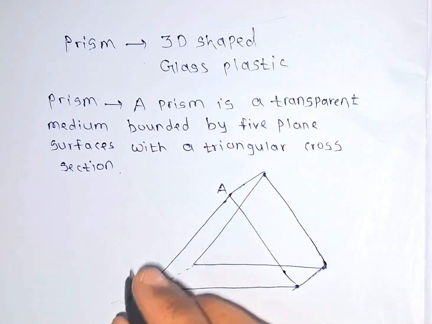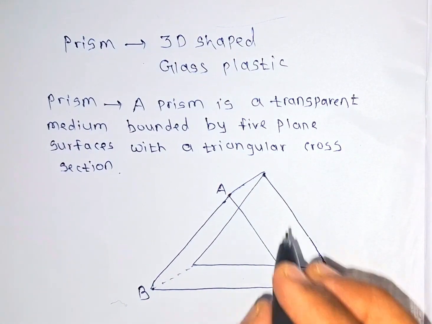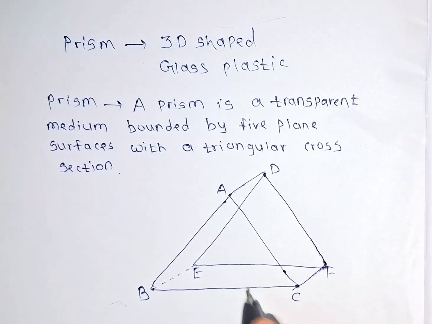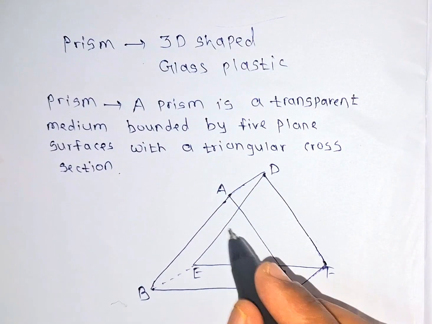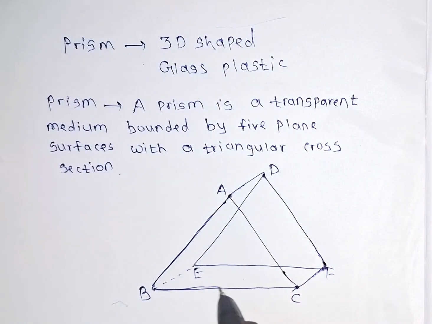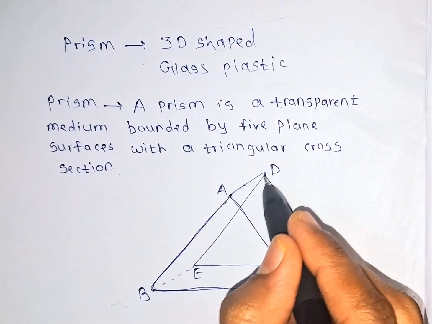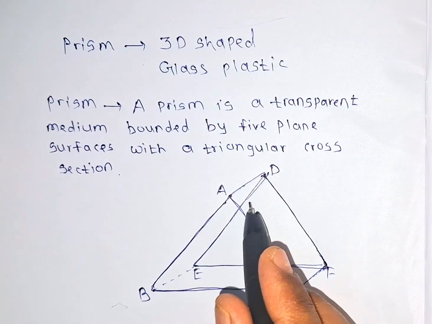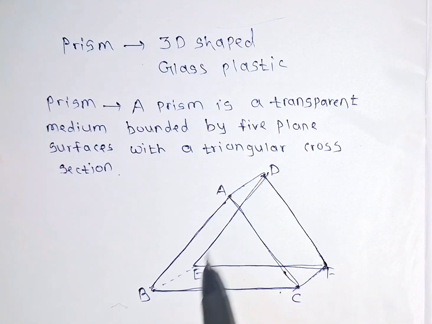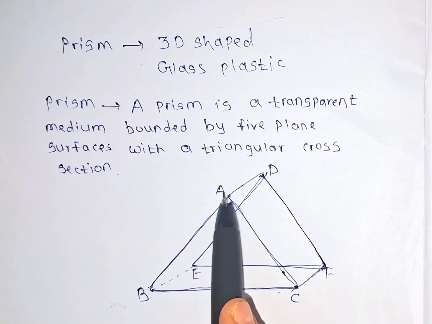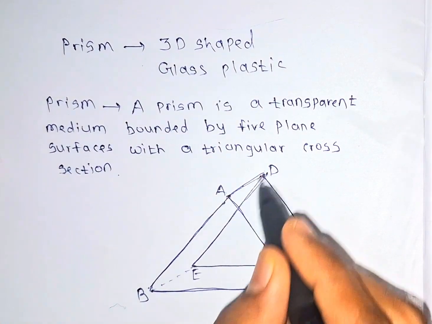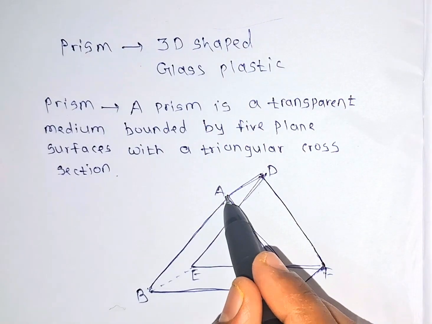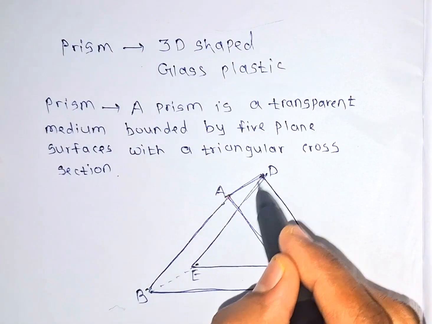Let's name it A, B, C, D, E, F. Here this A, B, C and this D, E, F are two triangles. Okay, and this A, D, F, C, this one, and this A, D, E, B, this one.